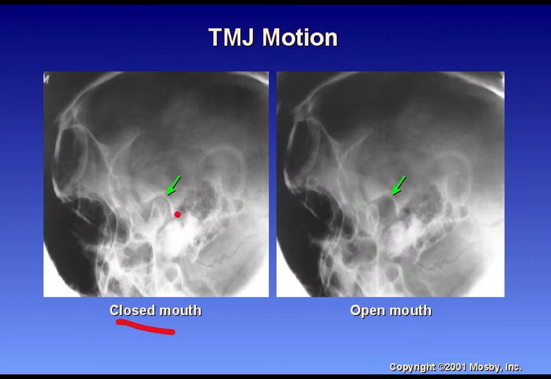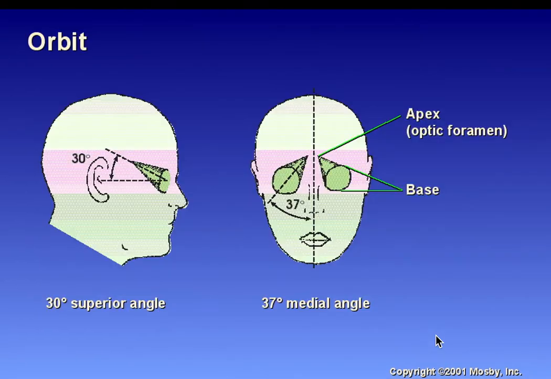So with a closed mouth, the condyle sits in that fossa. Open mouth, the condyle comes forward in that fossa, okay? Sometimes with imaging prior, you used to have to image the TMJ with a closed mouth and an open mouth to see the movement within that TMJ.